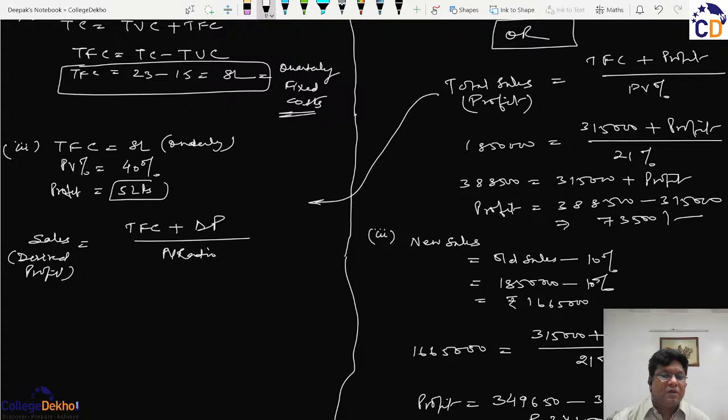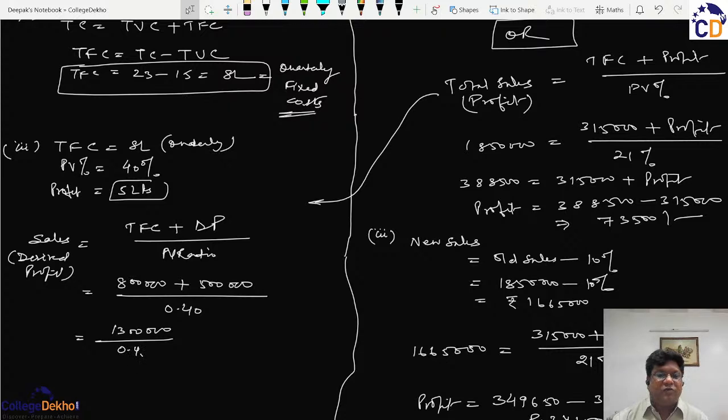So in this case, the fixed cost of 8 lakhs and the desired profit of 5 lakhs will be divided by the PV ratio of 40%. So that will become 13 lakhs divided by 0.40. And if you calculate this desired sales, it will come out to be 13 lakhs into 2.5, and that is 33 lakh 50,000.